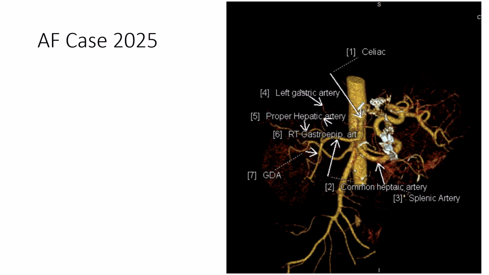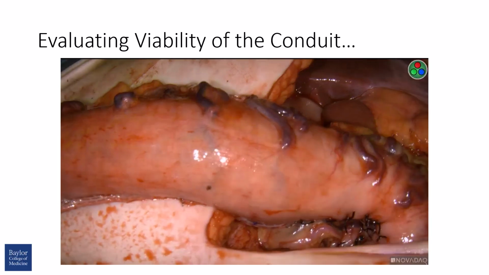You can also see that the jejunal arcade branches here, delineated at the bottom below where it says common hepatic artery, are easily good targets for performing a jejunal interposition. The celiac plexus can easily be seen, where you can identify the common hepatic artery, the splenic artery, and the left gastric artery, all of which are perfectly patent.